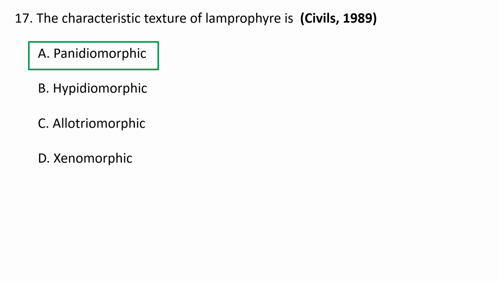And so this lamprophyre is equigranular euhedral. This type of panidiomorphic texture is seen, whereas hypidiomorphic is seen in equigranular subhedral, example granites, and allotriomorphic is seen in equigranular anhedral type of crystals. So the characteristic texture of lamprophyre is panidiomorphic. A is the correct answer.